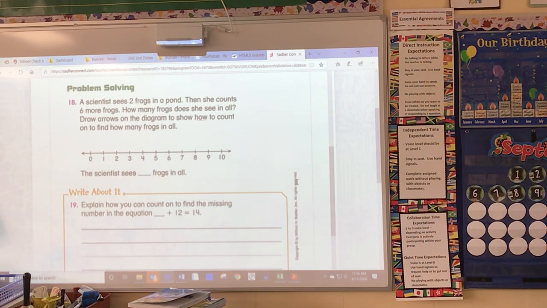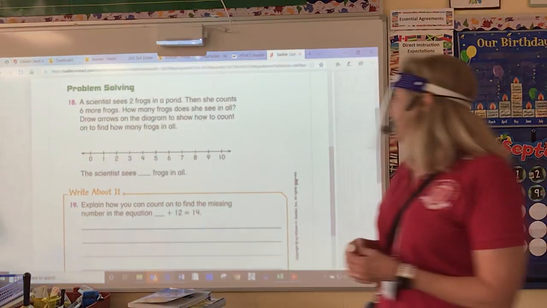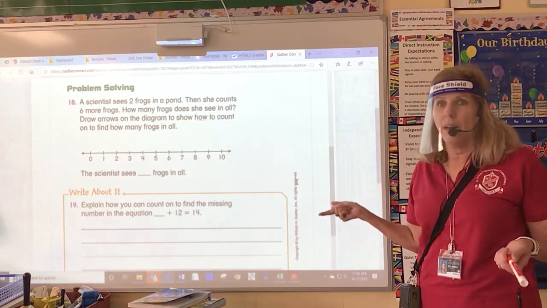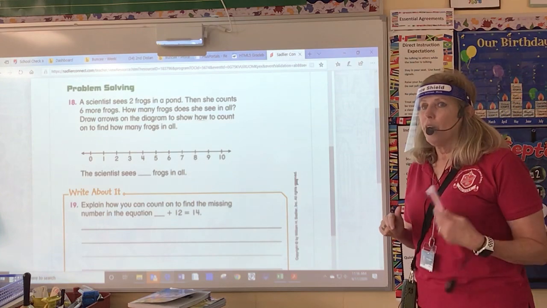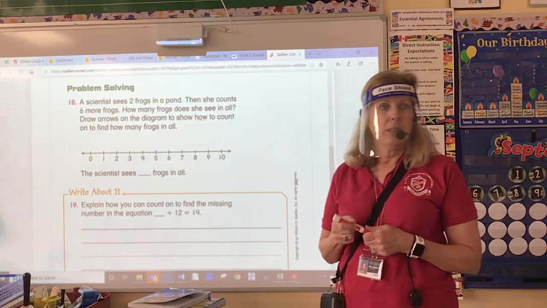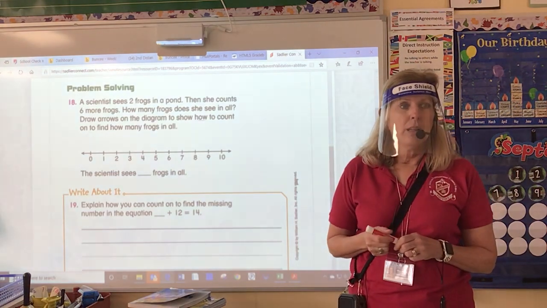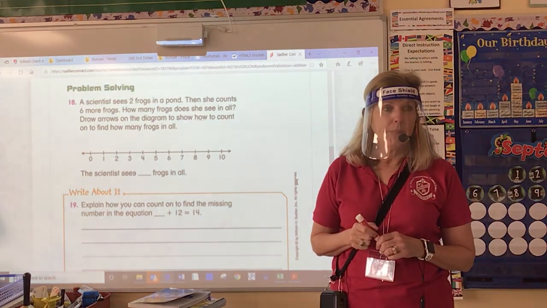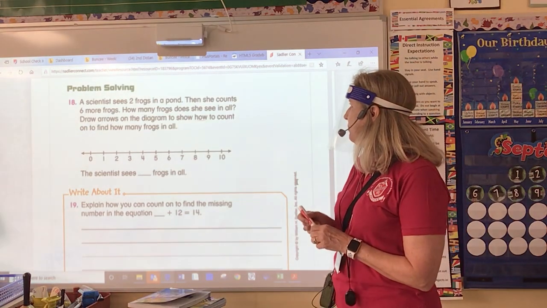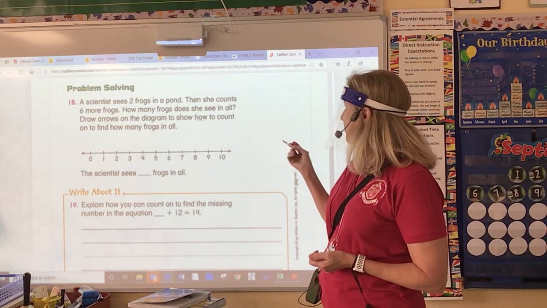So it says, a scientist sees 2 frogs in a pond. Then she counts 6 more frogs. How many frogs does she see in all? And then you're to draw arrows on the diagram to show how to count on to find how many frogs in all. So just to practice our CUBES, what would we do first? Connor? First, you would write cubes, and then you would circle 2 and 6.